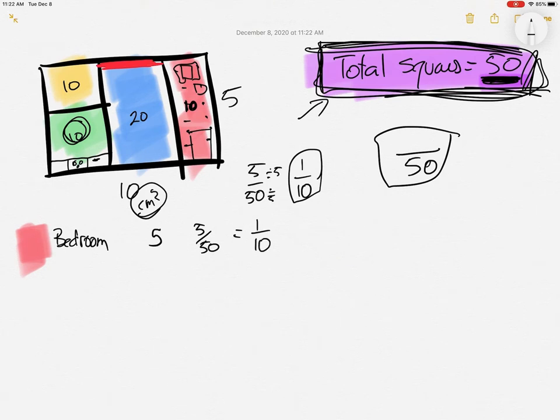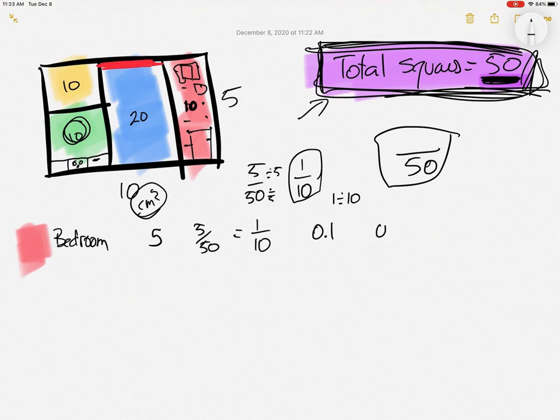The next one asks for the raw decimal. This happens when I take the top number and I divide it by the bottom number. In this case, it's fairly straightforward: it's going to be 0.1. But I'll do another one where it's a little harder. The next column says the rounded decimal to the hundredths.